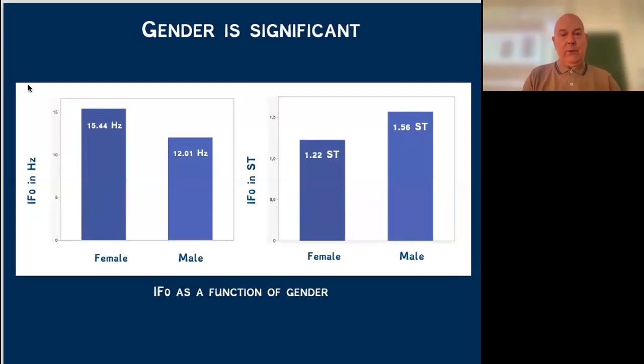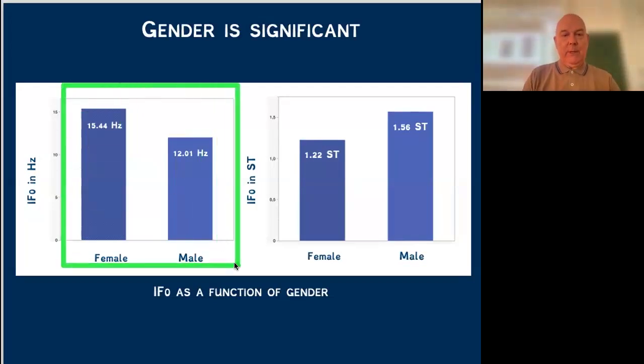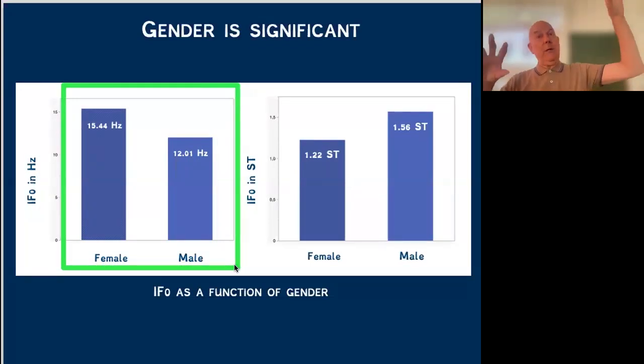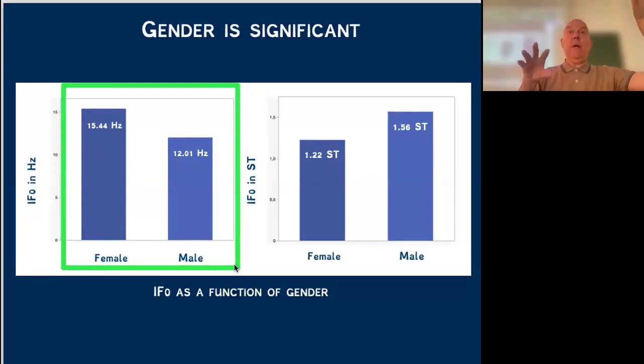On the Hertz scale, the IF0 in female speakers is a bit bigger, significantly so, than in male speakers, and that would probably not surprise, because obviously the two are in different registers, so bigger differences are noted in female speakers on the Hertz scale.